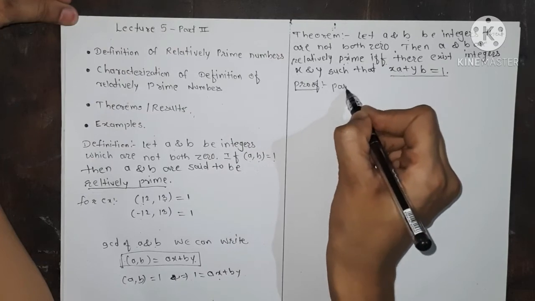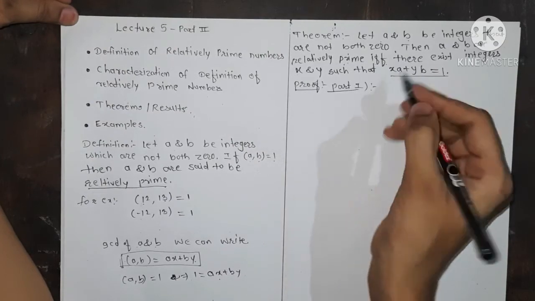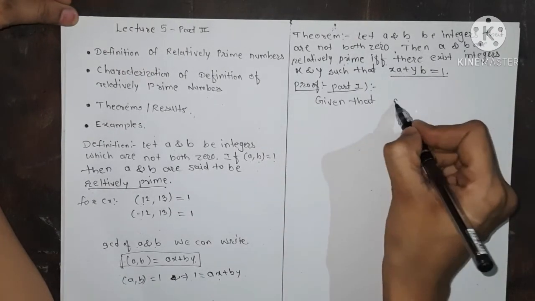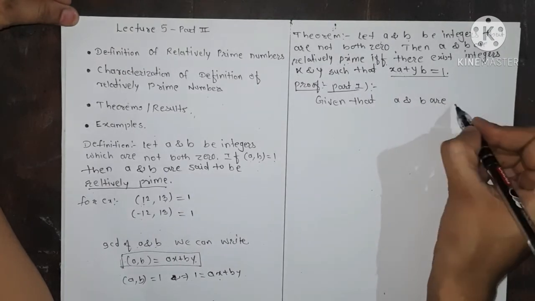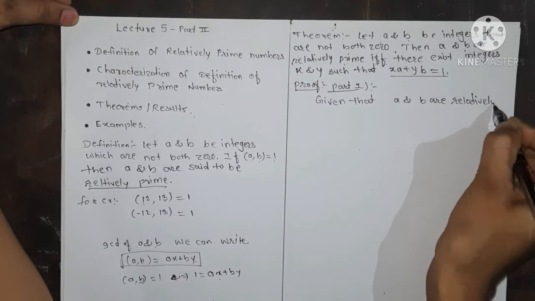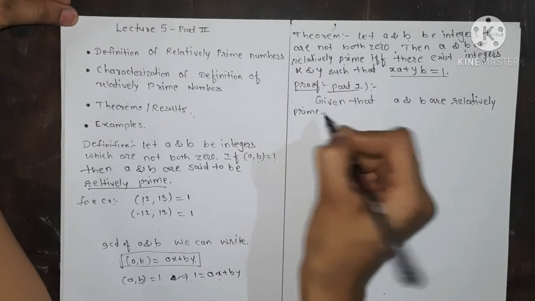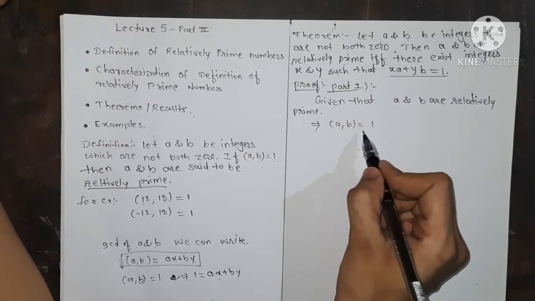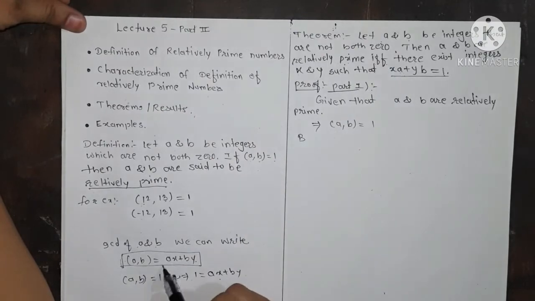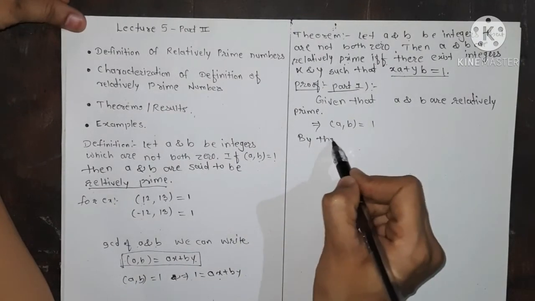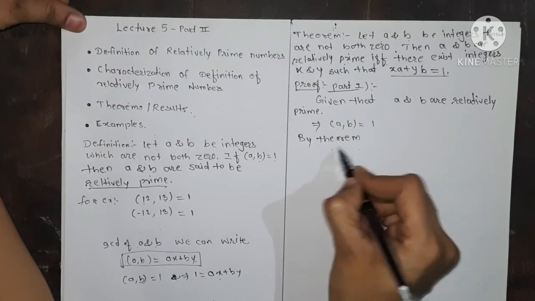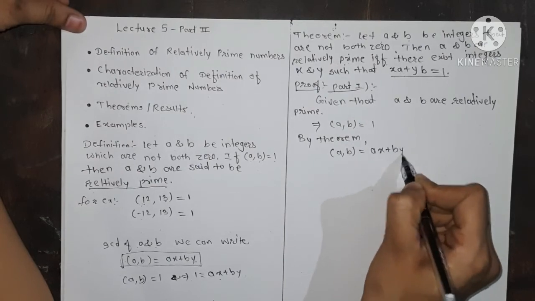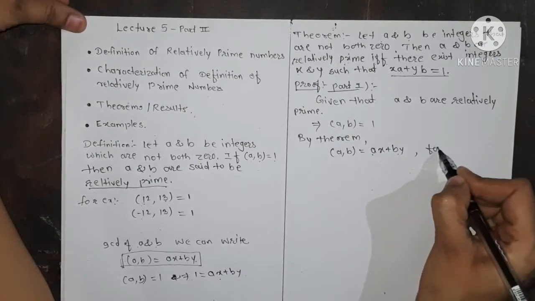So part 1. In that we are given that a and b are relatively prime. Therefore this implies the GCD of a comma b is equal to 1, and by this theorem, the GCD of a comma b can be written as a linear combination of a and b.